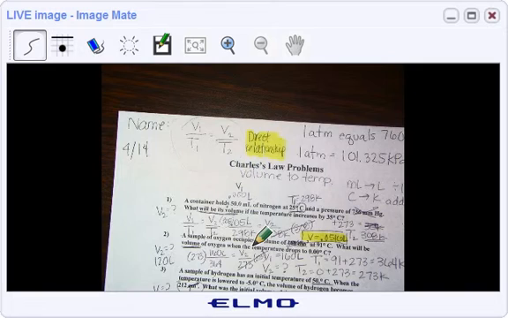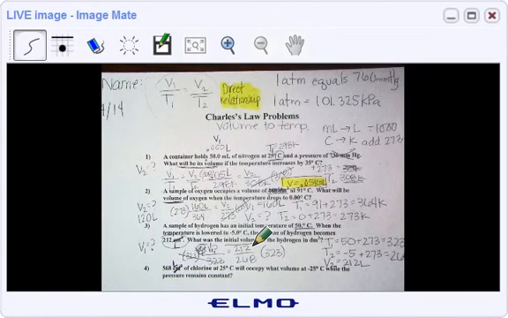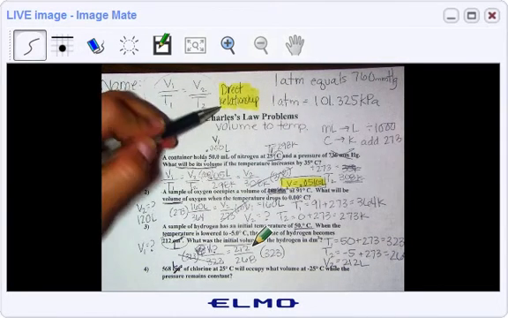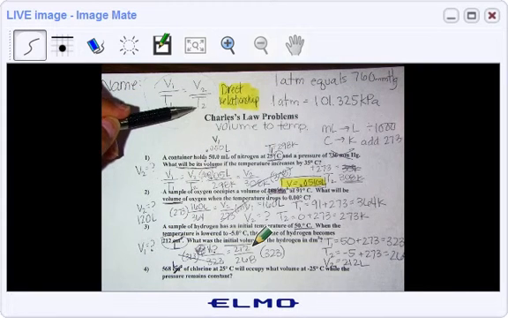Just so when you're taking a look at your answers, or let's say maybe on an exam, you don't do any calculations and you're just going to take a guess. Given the numbers in the problem, you could probably guess your way through the exam if you know that if volume went up, temperature needs to go up, meaning it has to be higher than what's written in the problem.